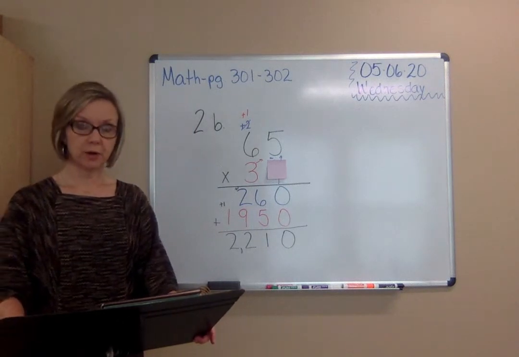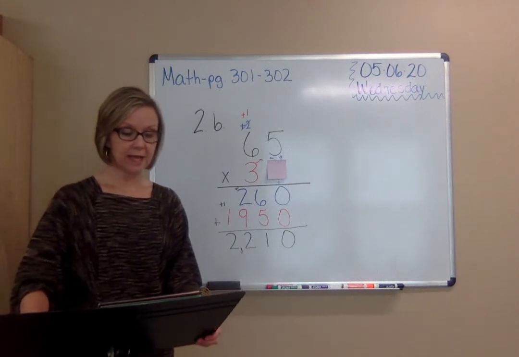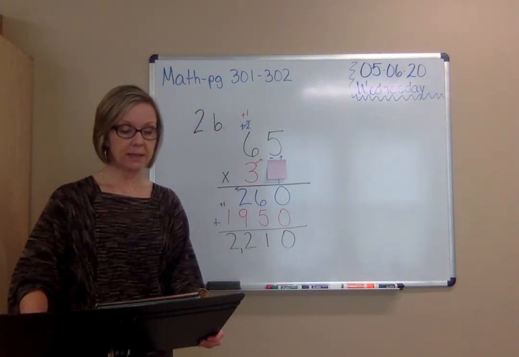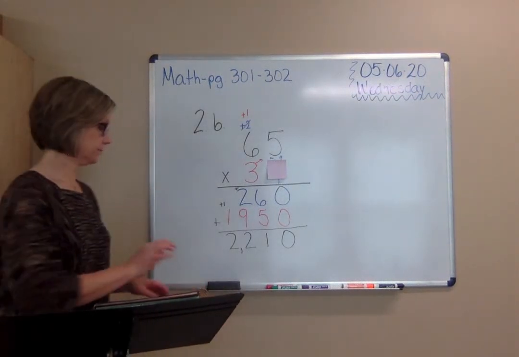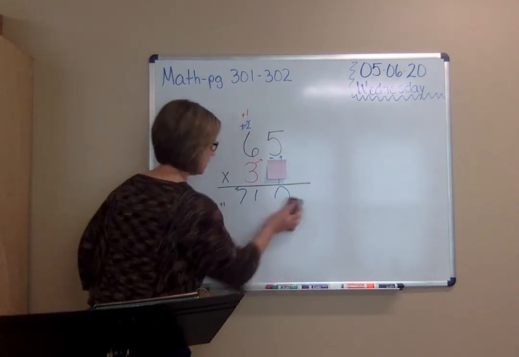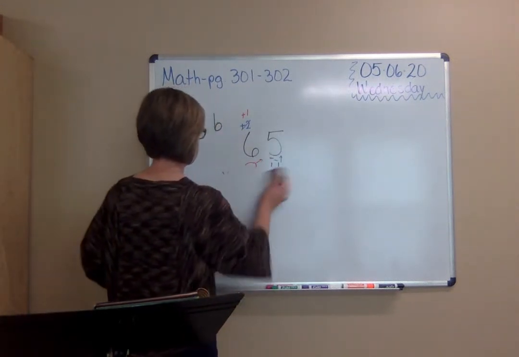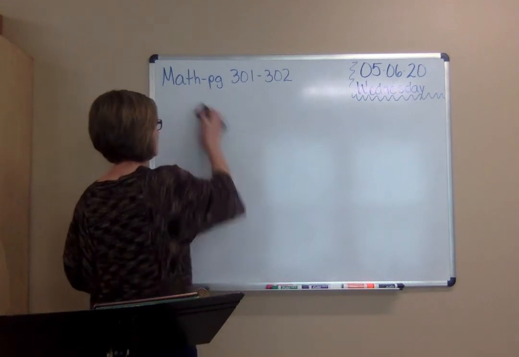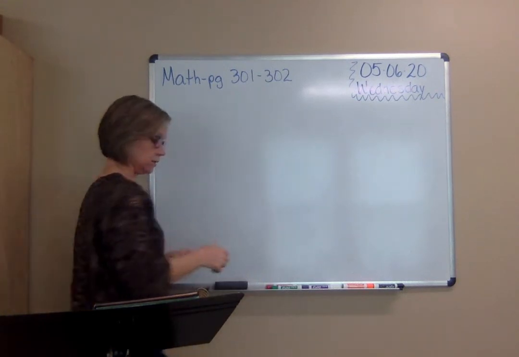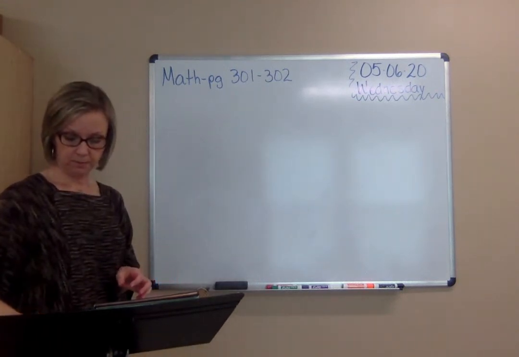Solve the story problems. Number 5, if Dad bought 8 foot of fence, how many inches did he buy? So let's quickly set this up. This is going to be a conversion problem.